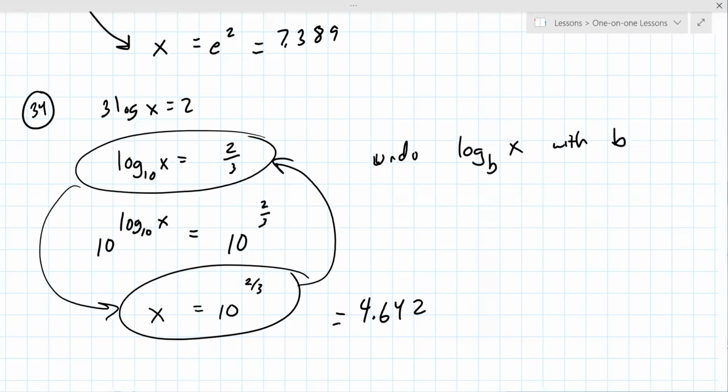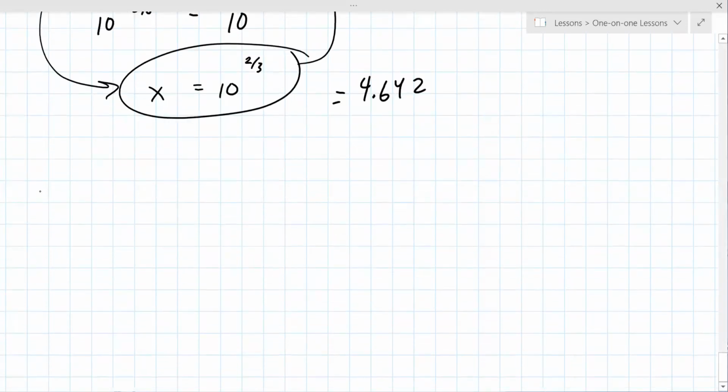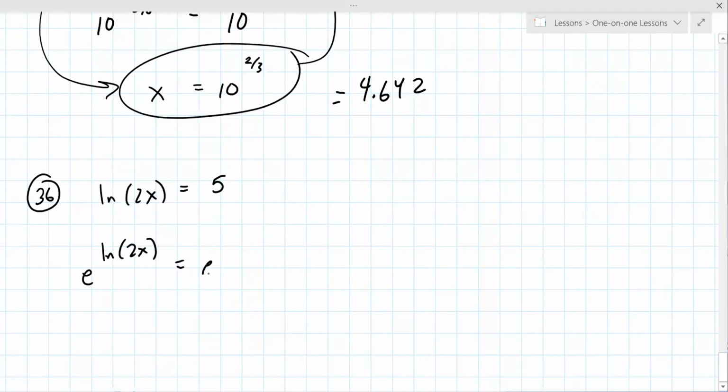All right, next is number 36. ln 2x equals 5. So this is ln. How do you undo ln? You use e. So you write e to the ln of 2x equals e to the 5. And then e undoes ln, the natural log, so you just write 2x equals e to the 5th.